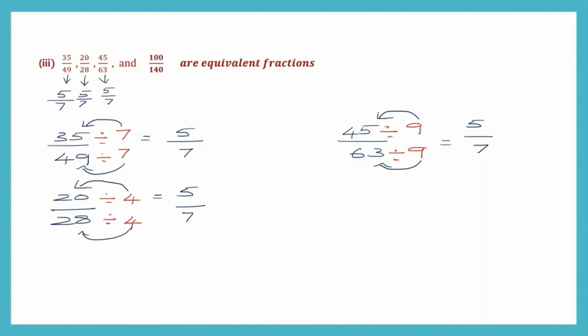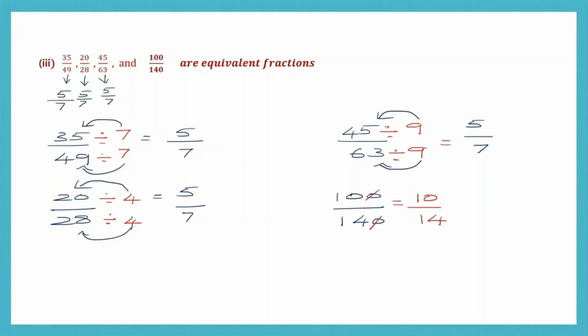Let's take the last one, 100 by 140. So now this one, both are divisible by 2, they are divisible by 5, they are divisible by 10. So now before we continue, what we can do is we can cancel off 0 from top and 0 from down. So what do we have here? 10 by 14.